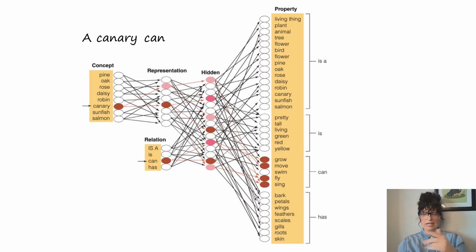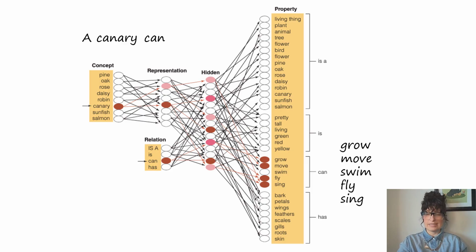With a canary can, you're now going to be limited to grow, move, swim, fly, and sing.